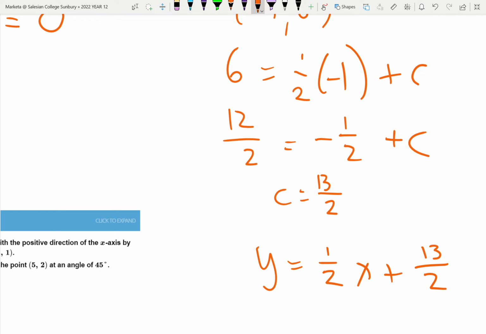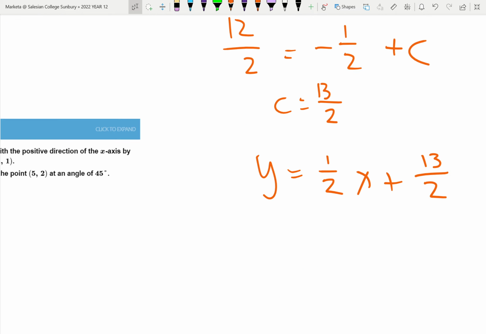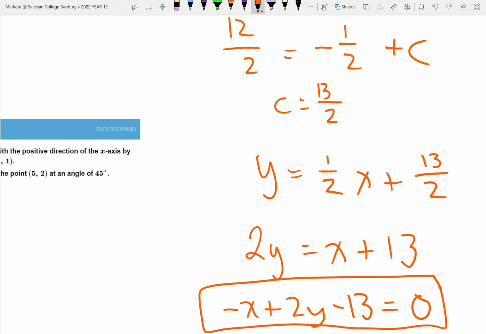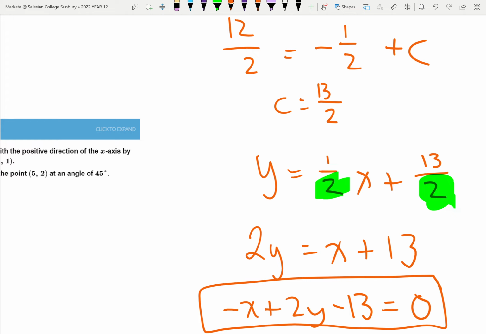And here I can see why it's nicer to put it in the different form. I can just multiply everything by 2. 2y equals x plus 13, and then of course that's going to be neg x plus 2y minus 13 equals 0 for the form that they're asking for. So here I can see a reason to multiply everything by 2, although if it didn't specifically ask me, I would not waste time. That would be my final answer, and that'd be 100% correct.